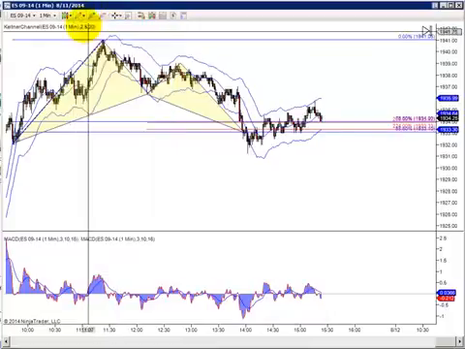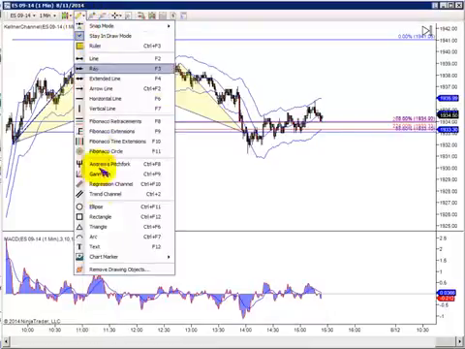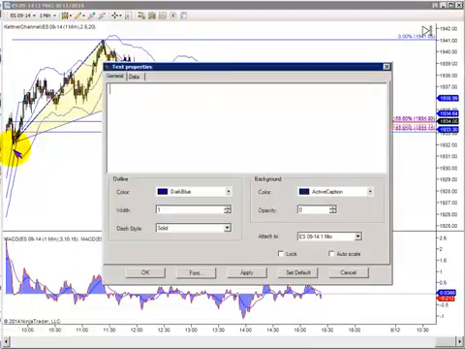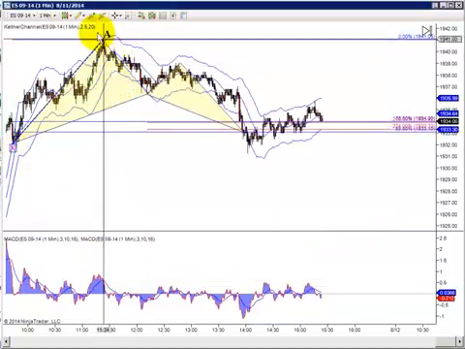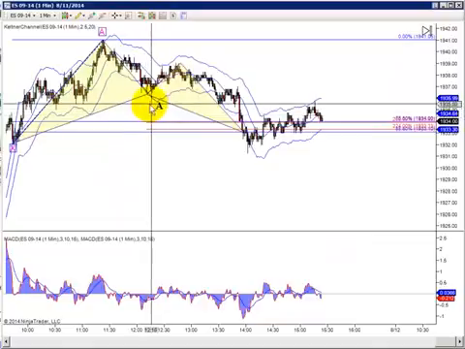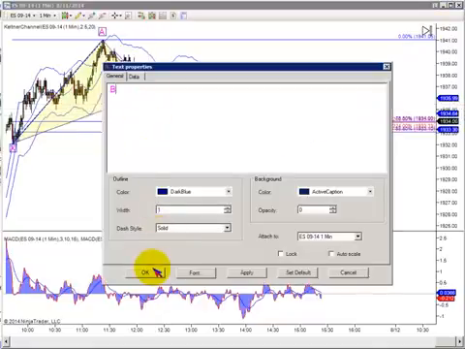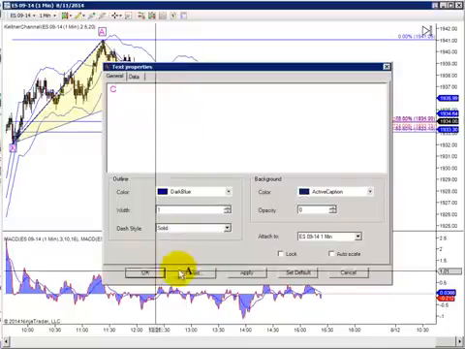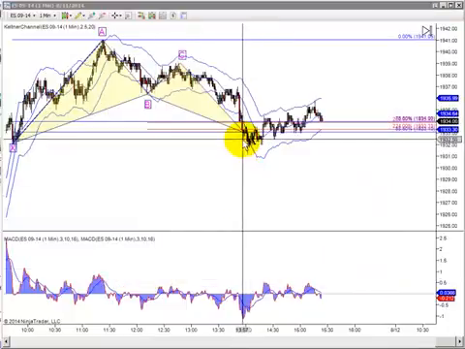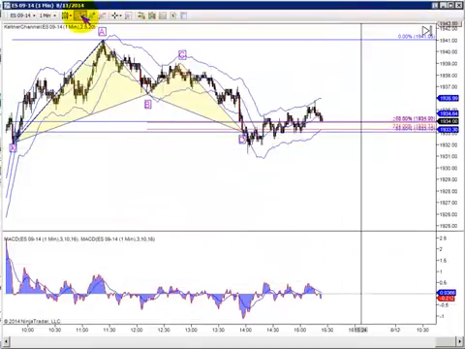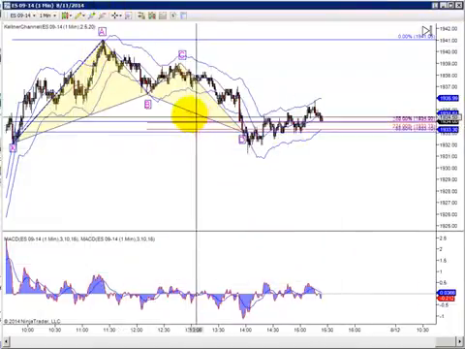So let's draw in the lettering of this pattern. So we have an X, A, B, C, D. So we have the XABCD pattern.